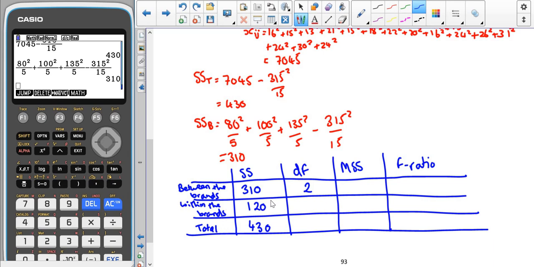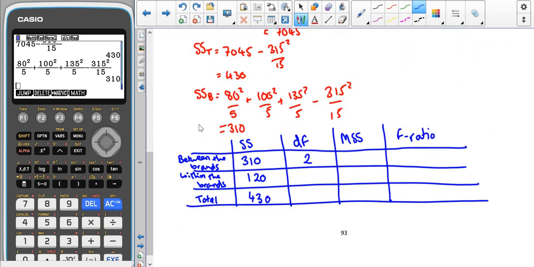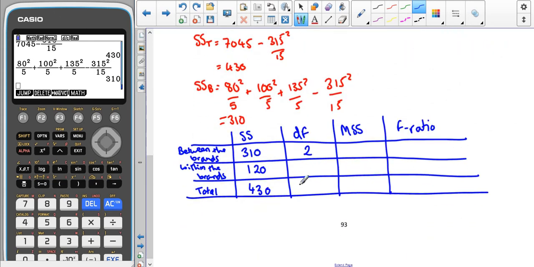Then our total degrees of freedom is the number of pieces of data that we have up here, which is 15 minus 1, which gives us 14, which means the missing piece of data that we have here is 12. Then to get the mean of the sum of the squares, we're going to do the sum of the squares divided by the degrees of freedom.